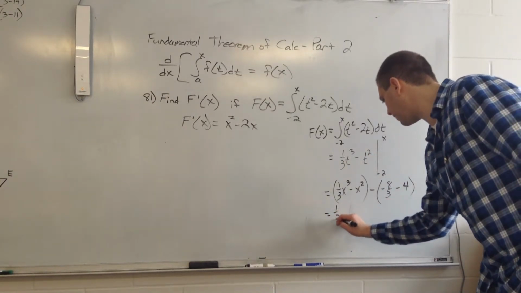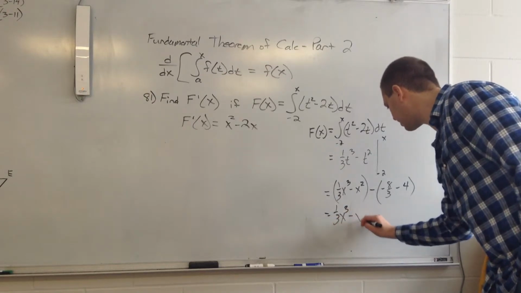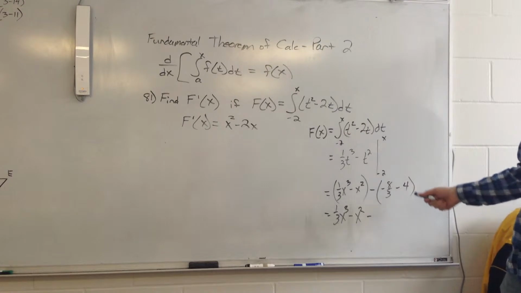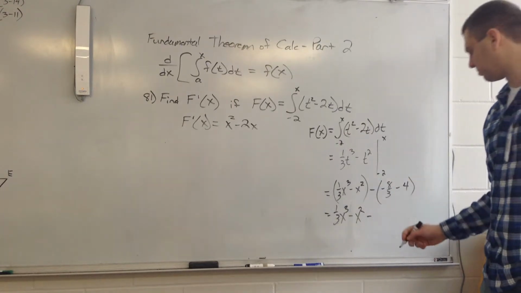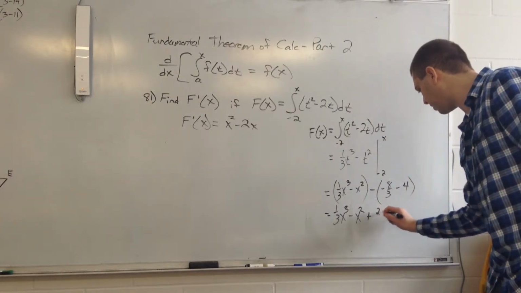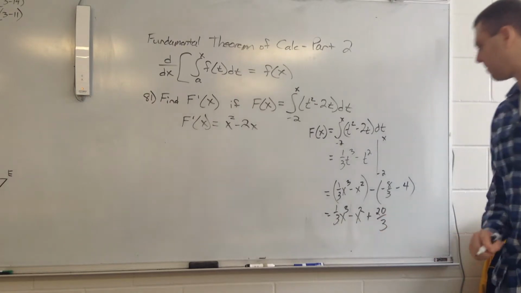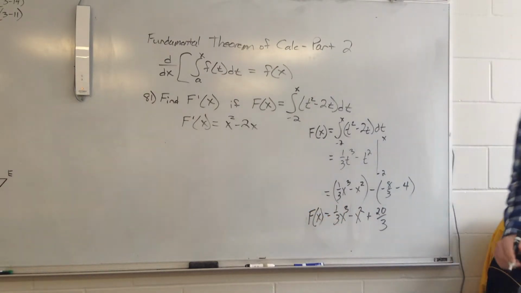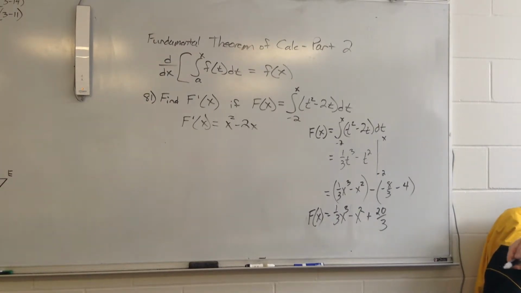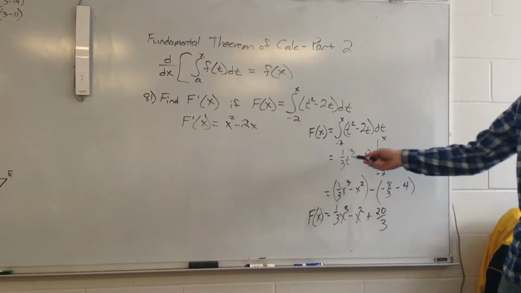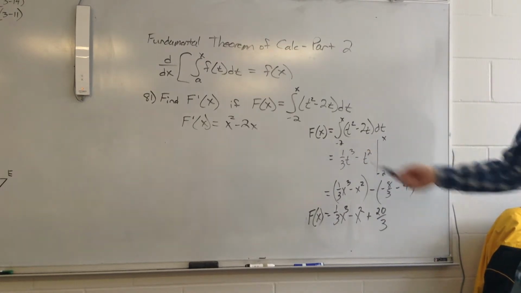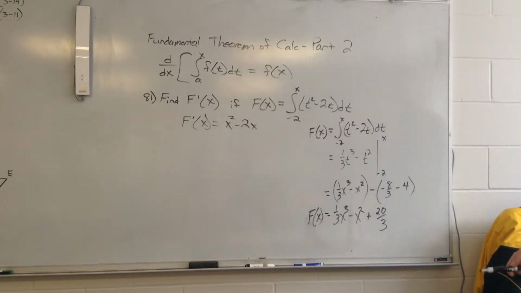So I get 1/3 x cubed minus x squared, then negative 8/3 minus 12/3 would be negative 20/3, but I'm subtracting a negative 20/3, so it'd be plus 20/3. Okay? So there's f of x. Where did we get the negative 8/3 minus 4? I plugged in negative 2. Alright, yep. Just did a bunch of math with fractions.